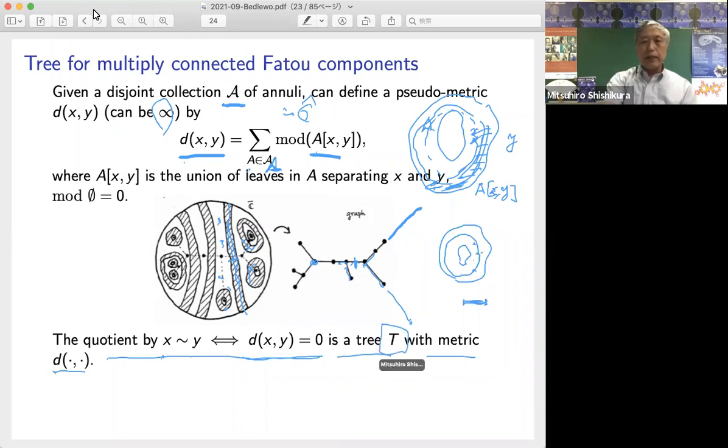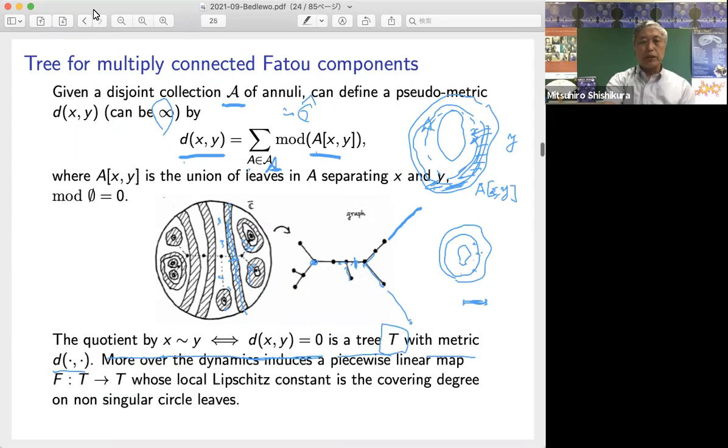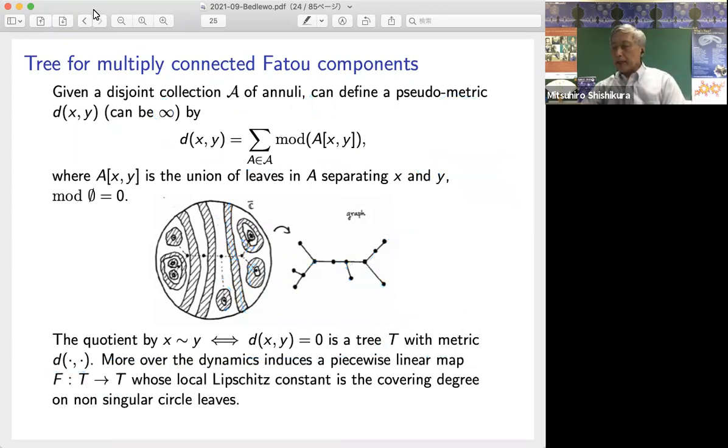And at this stage, it's an infinite tree in general. And not only that, when you have dynamics, since the foliation introduced by the Herman rings and Siegel disks and so on is invariant under the dynamics, the dynamics induces a map on this tree. And not only that, but the mapping of this tree is piecewise linear.